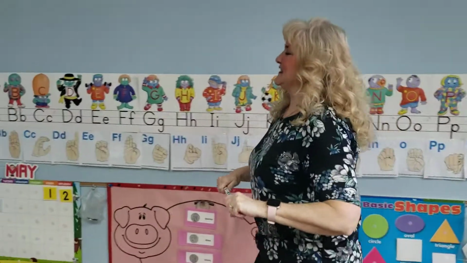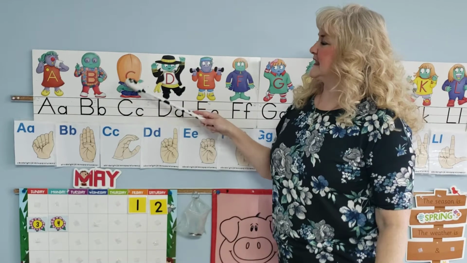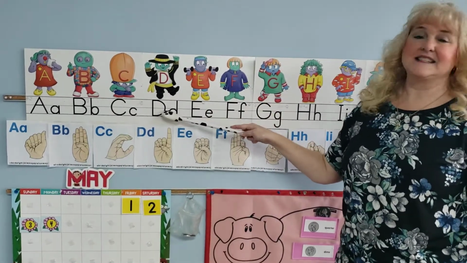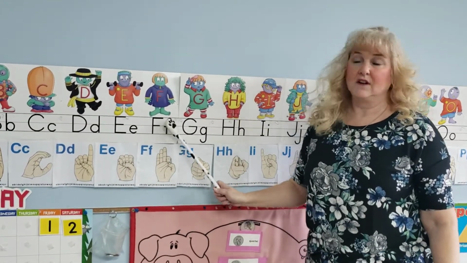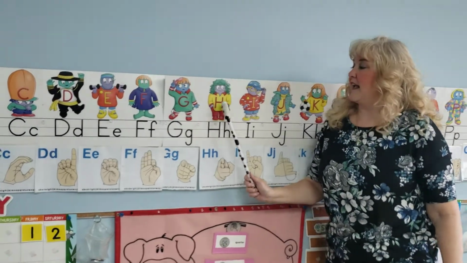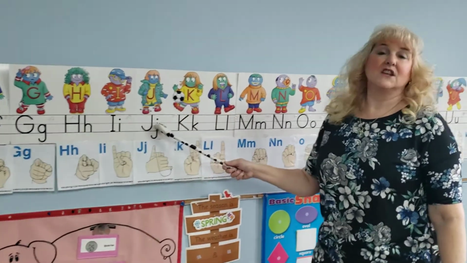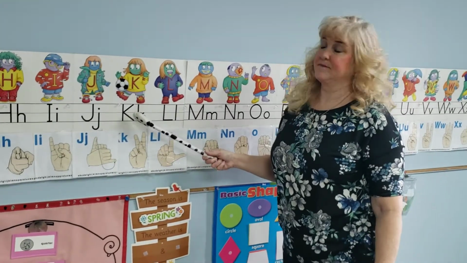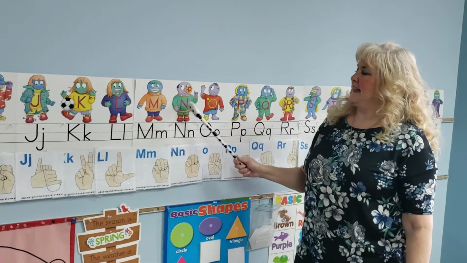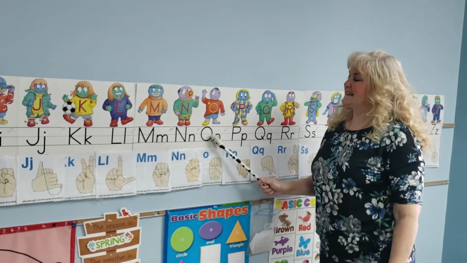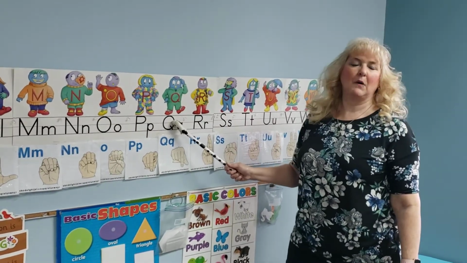All right, let's say the sounds. A says A. B says B. C says K. D says D. E says E. F says F. G says G. H says H. I says I. J says J. K says K. L says L. M says M. N says N. O says O. P says P. Q says Qu.